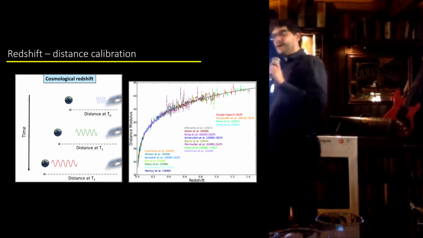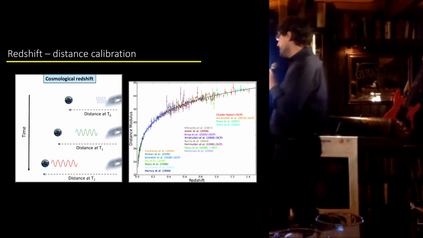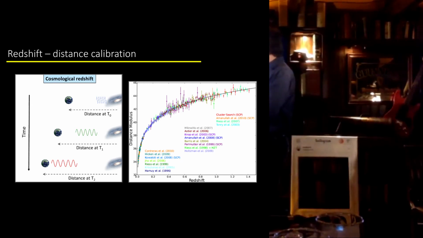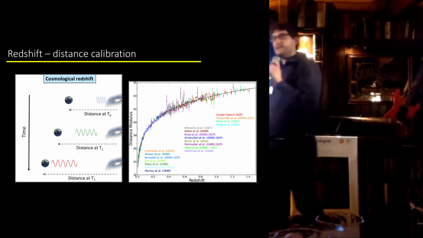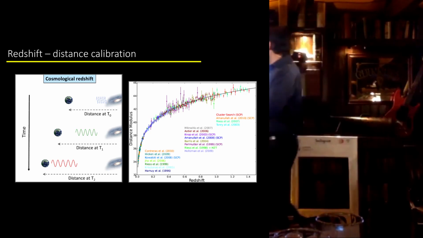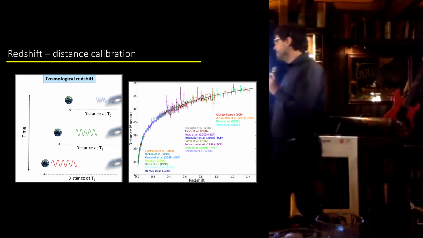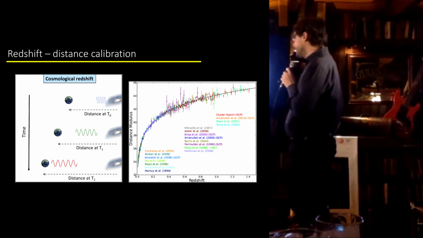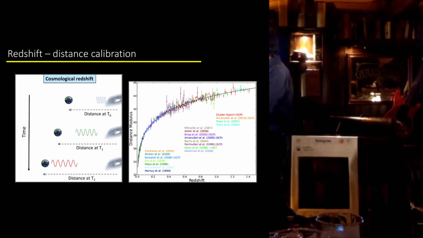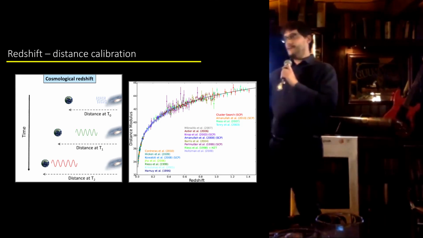And that stretching has an important side effect. The light that comes from that galaxy is also stretched as it goes to us. When it starts, it has a given wavelength, a very short wavelength, meaning energetic photons. Then when you observe the photon a bit later, it was stretched by expansion.